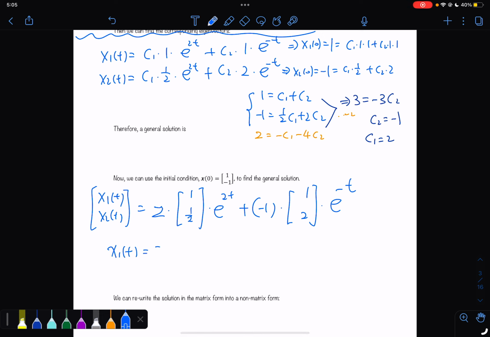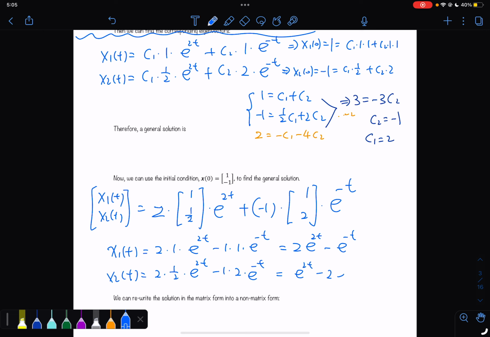In general, you don't have to do it, but if that's required, you can write it out, right? Read the first row, read your second row, and you may simplify it along the way if you want to. So you could say my solution is 2e^(2t) minus e^(-t) as x1(t), and e^(2t) minus 2e^(-t) as my x2(t).